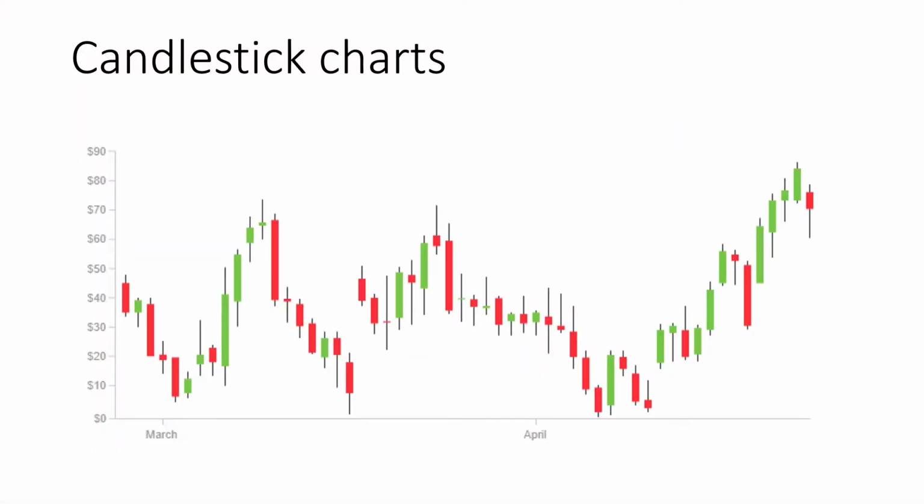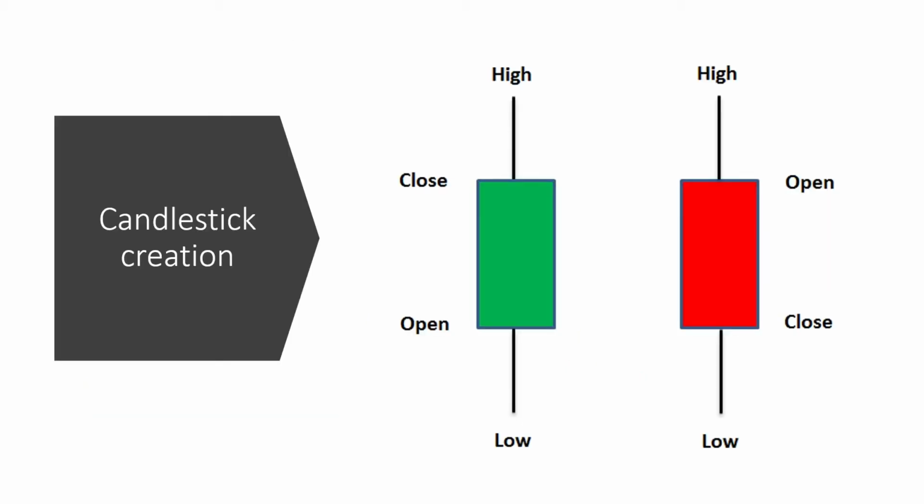Candlestick charts. So this is what I use. I don't say there aren't any other charts that are really good, but this candlestick chart gives a lot of information. So this is what it looks like, and every candlestick looks like this. When a green candle is opened, you start here.